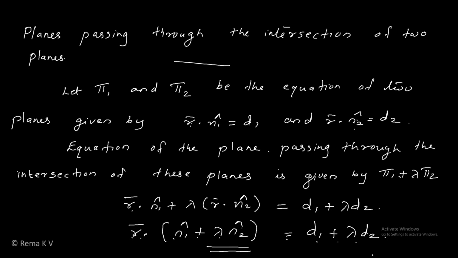So we will get the equation of a plane passing through the intersection of these two planes, where lambda is any scalar.